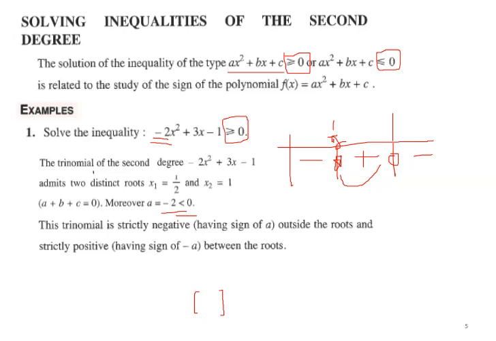We needed to check where it is positive. So where is the inequality positive? It's between half and 1. Why is it closed around half and 1? Because here we have 'or equal', so half and 1 are included in my interval.